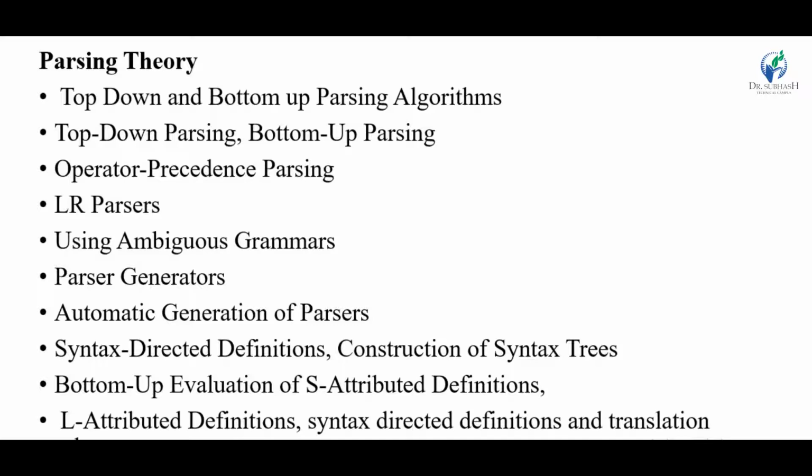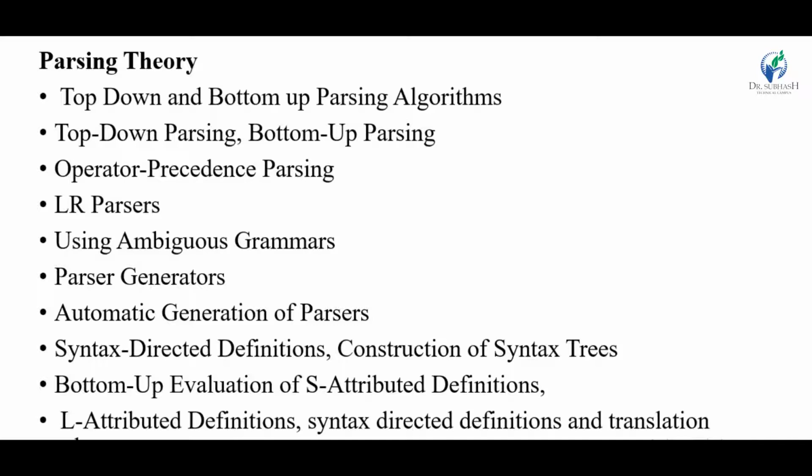Then operator precedence parsing techniques give the precedence to each and every operator, like less than, greater than, equal to. Then LR parser, which is SLR, CLR and LALR: simple LR parsing technique, canonical LR parsing technique, and look-ahead LR parsing technique.